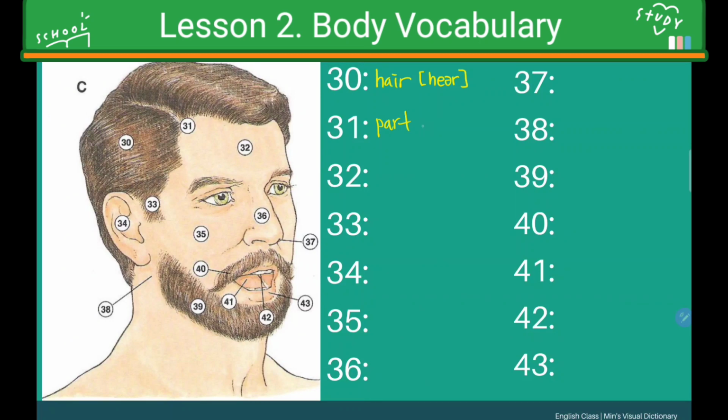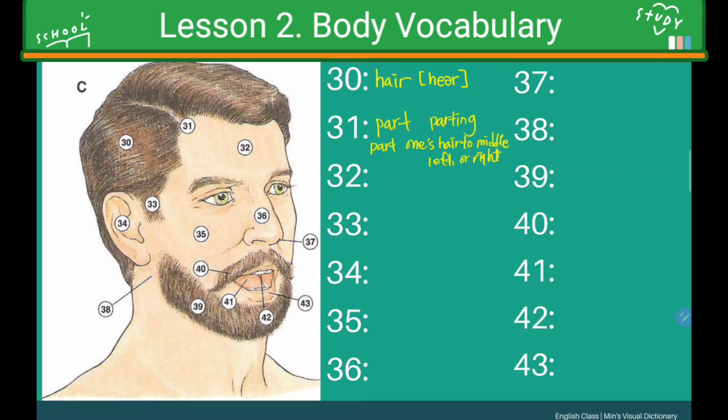And if we want to just call it as a noun, we use the term parting. Parting. And we use the term part one's hair either to middle, left, or right.